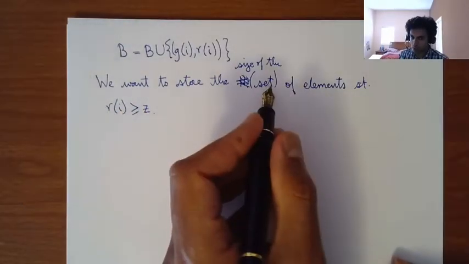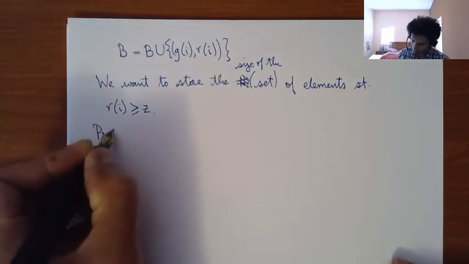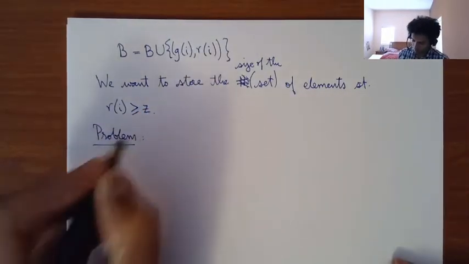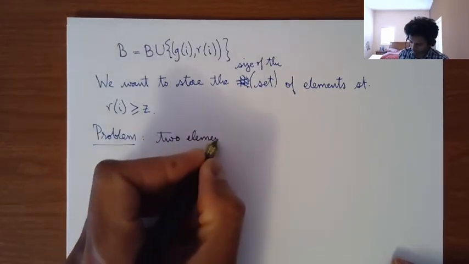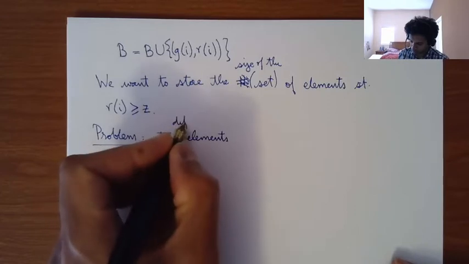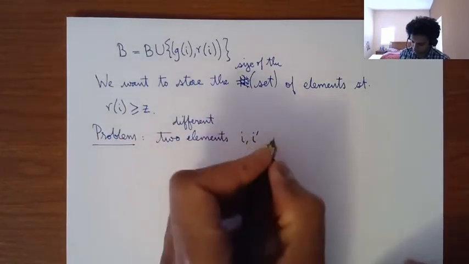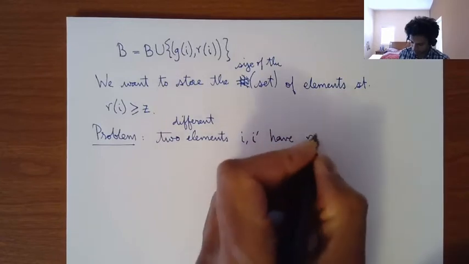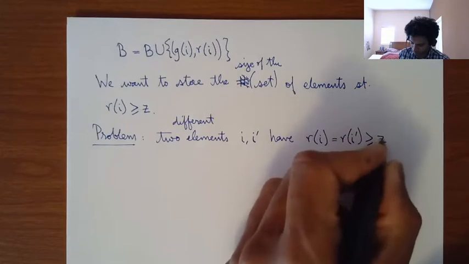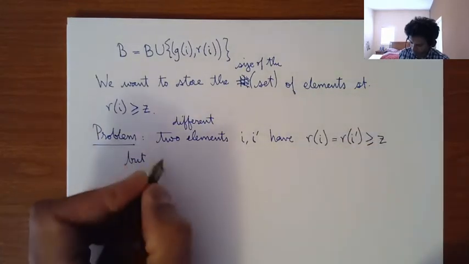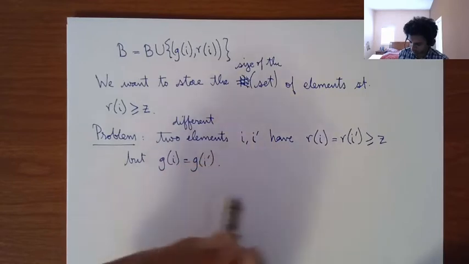Now we're not storing the elements, we're storing the hash. There's a problem that two different elements I and I prime have Ri equal to Ri prime, which is greater than or equal to Z, but G of I is equal to G of I prime. Right?